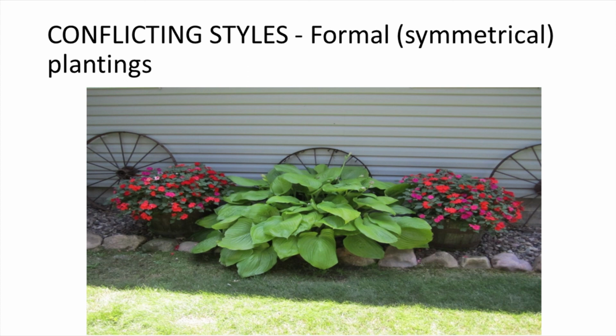We've got an informal atmosphere created by the wagon wheels and the fieldstone border, but when you look at the planting, it's a very perfectly symmetrical planting. If you draw a line down the middle, it's a mirror image on both sides. So you have to be careful about that. It's real easy to do this, but you have to make sure that you're planning it and be careful that you're not putting a formal element into an otherwise informal landscape that doesn't work very well.